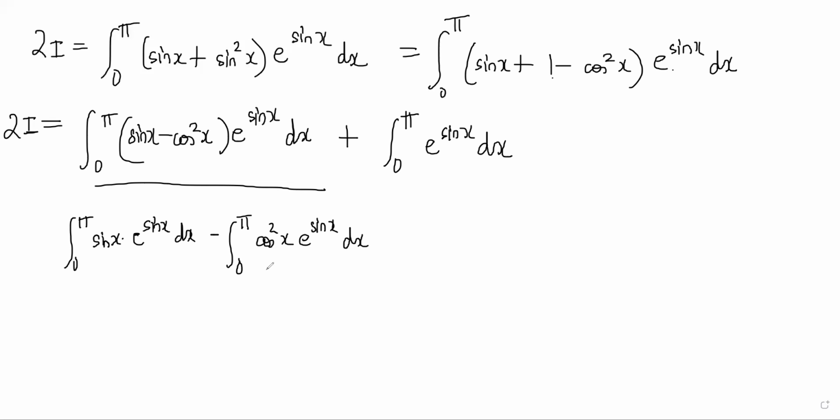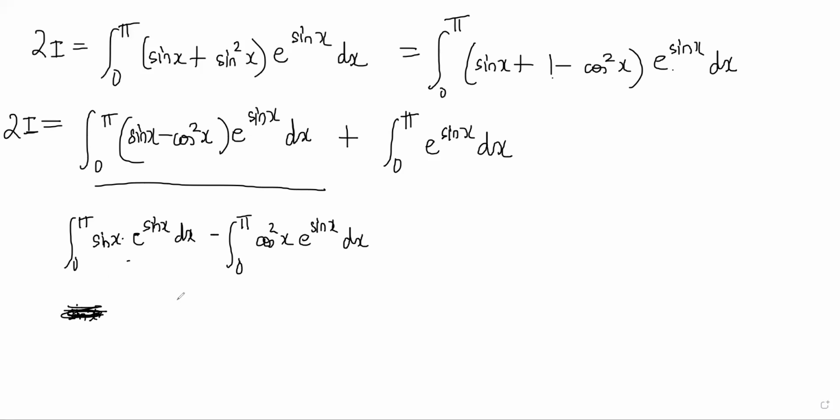Okay, so maybe by parts will work. If you do by parts for e power sin x into sin x, you can write sin x as the first function and integrate e power sin x, but we don't know how to integrate that, so we can't do that.